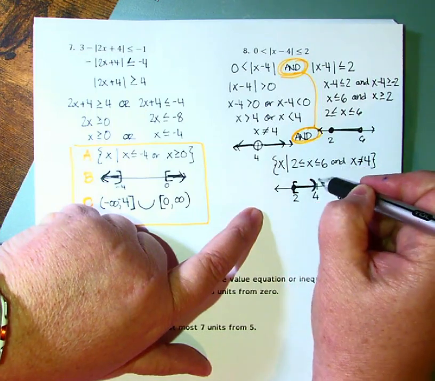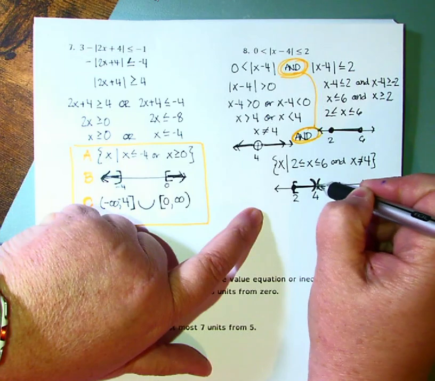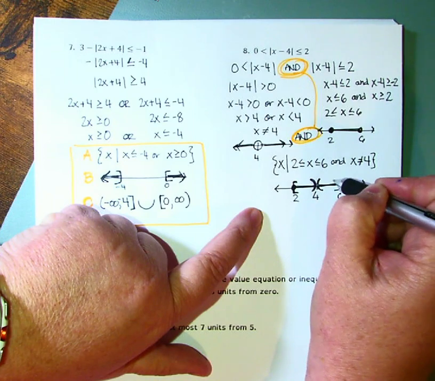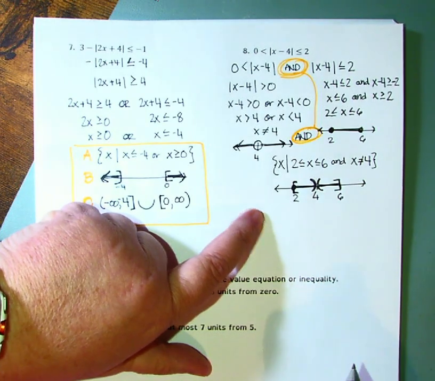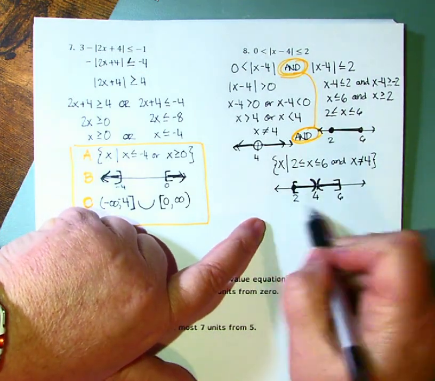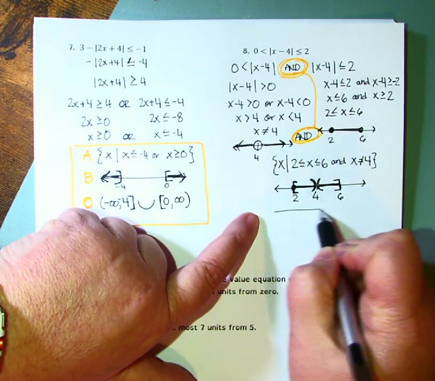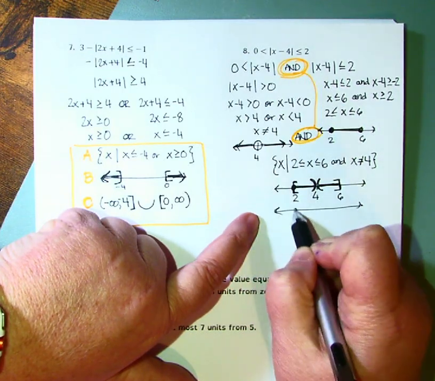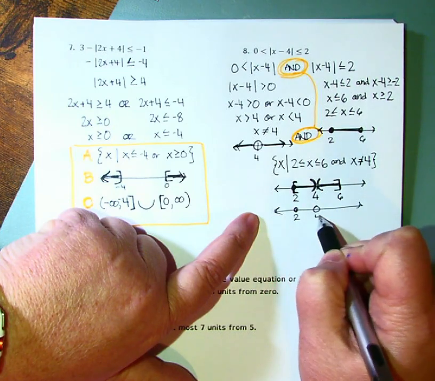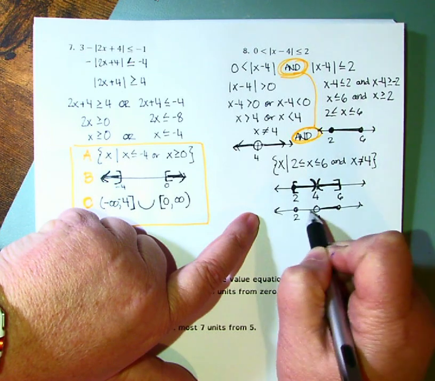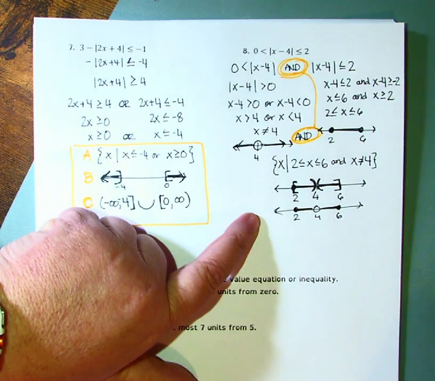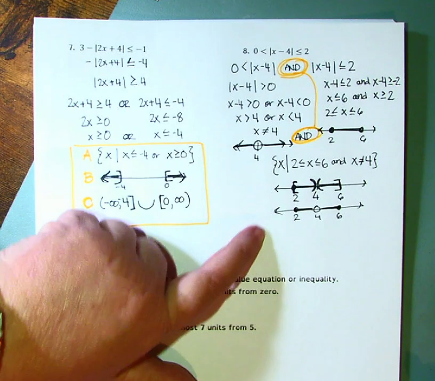And then the other way, we do a soft all the way to the 6, which is a filled in circle, or if you prefer, like me, that filled in square bracket. This would be what the graph would look like: a filled in circle on the 2, an open circle on the 4, and a filled in circle on the 6. If you like the circles, it's going to look like that.